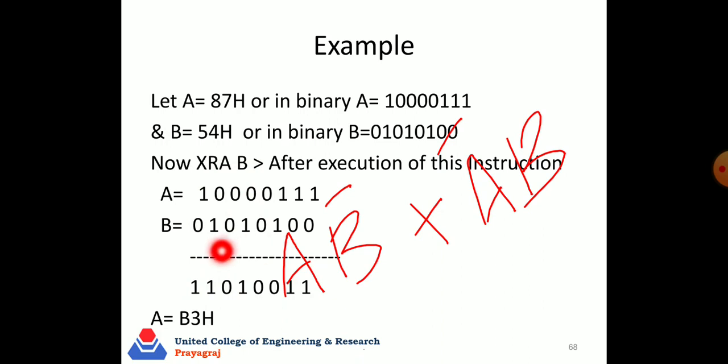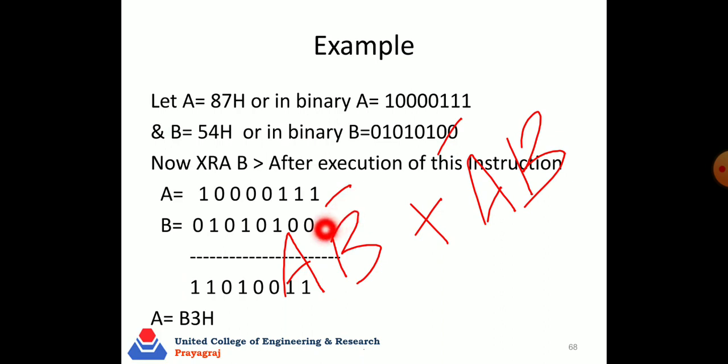So if we write in hexadecimal, it is 1 1 0 1. That means 8 4 8. Sorry friends, here the answer is right, but A is not B3.